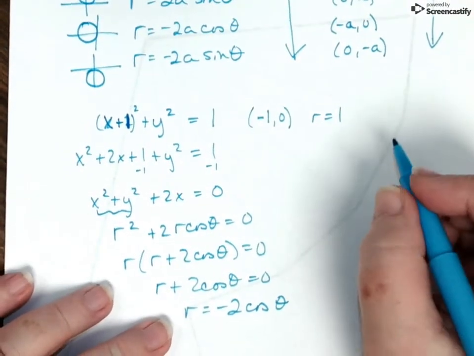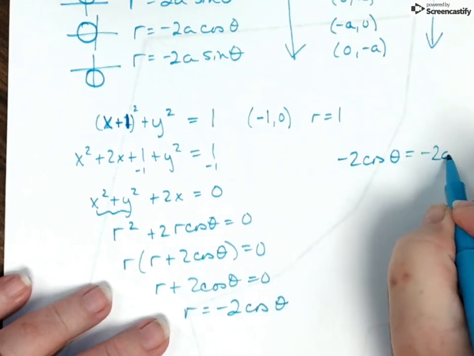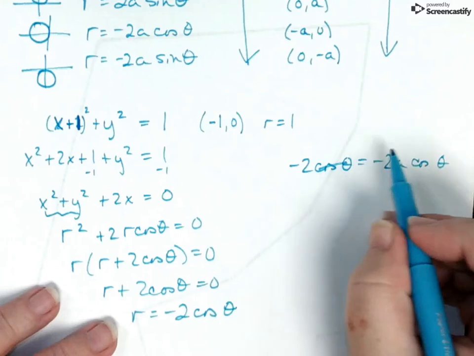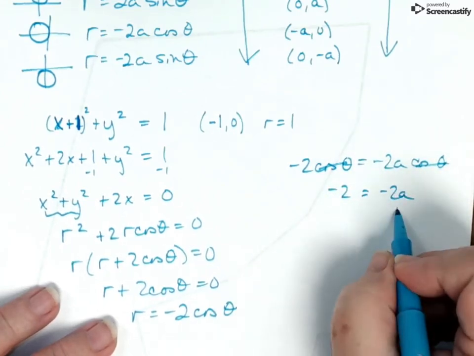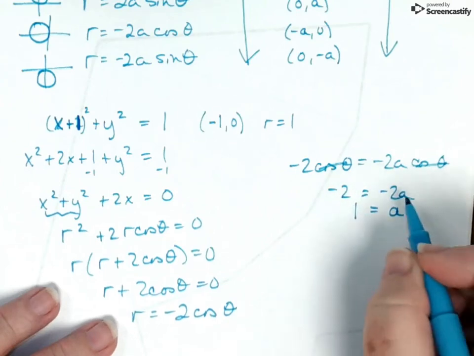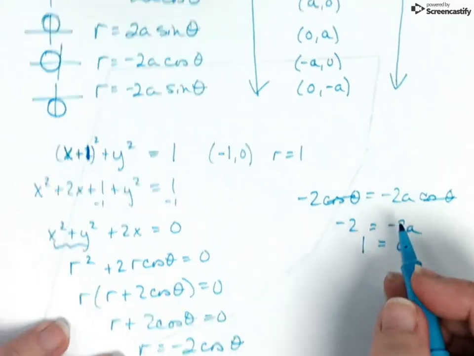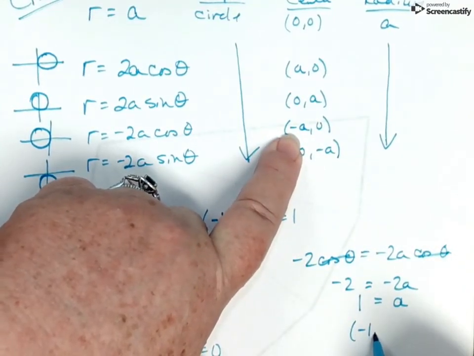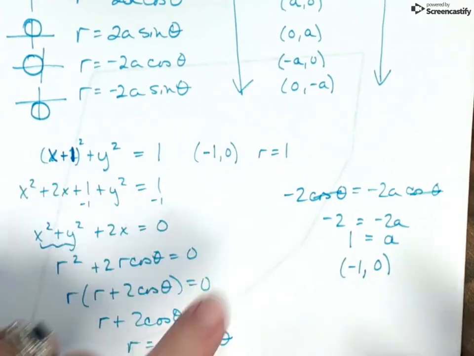Now what that means is that if negative 2 cosine of theta equals negative 2a cosine of theta, the cosine of thetas cancel. Negative 2 equals negative 2a. My a value is 1. Notice the radius of 1. And where would my center be located? Negative a, 0. Same center, same radius.